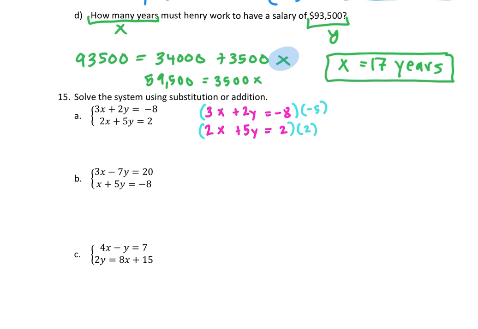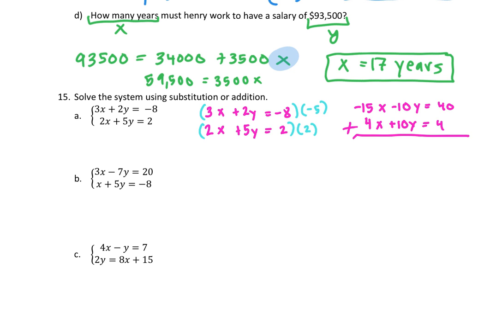When we add 10 plus negative 10, that's 0. So that will help us eliminate the y's. So if I rewrite these equations out, I get negative 15x minus 10y equals 40, and 4x plus 10y equals 4.